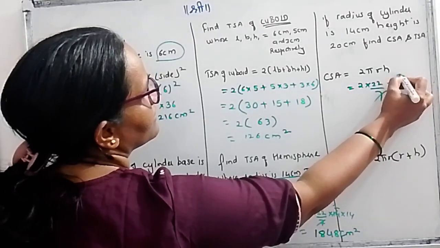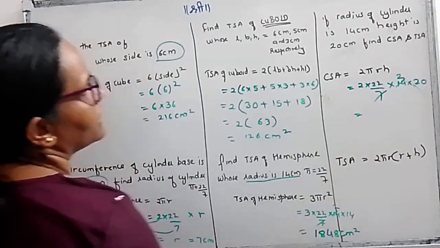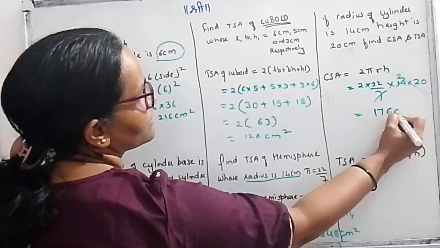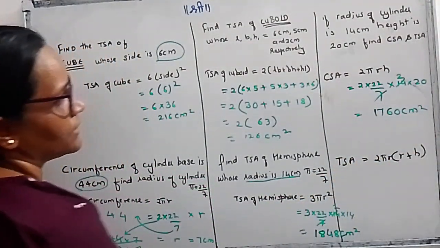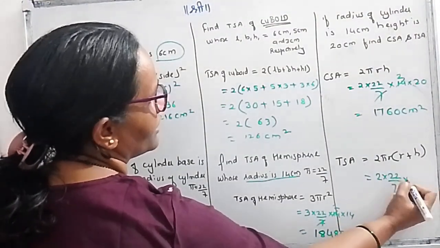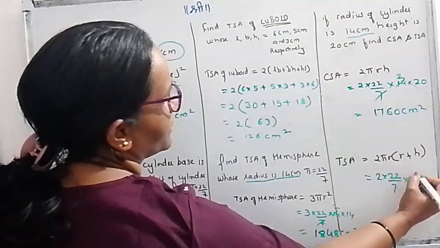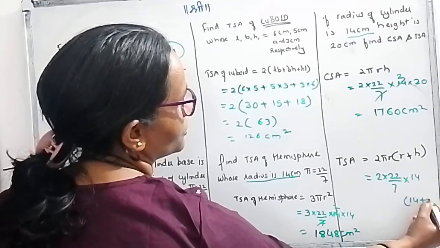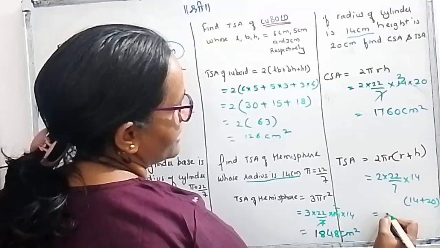Cancel. So the answer is, R is 14, so in bracket I write down 14 plus 20, which is cancel.